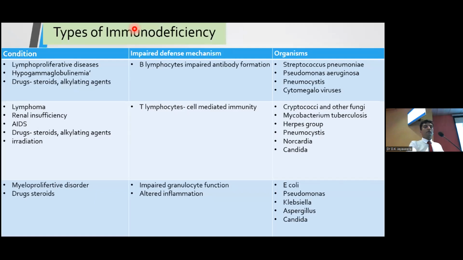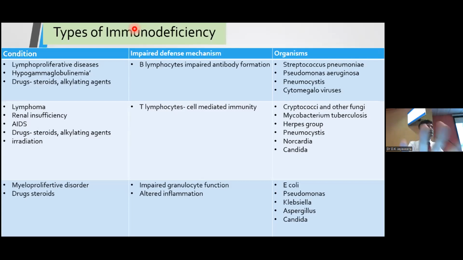Usually this occurs following lymphoproliferative disorders or hypogammaglobulinemias, and drugs like steroids. When there is a B lymphocyte deficiency, usually the encapsulated organisms like Streptococcus pneumoniae and Pseudomonas aeruginosa are the most common infective organisms in these immune deficient patients.